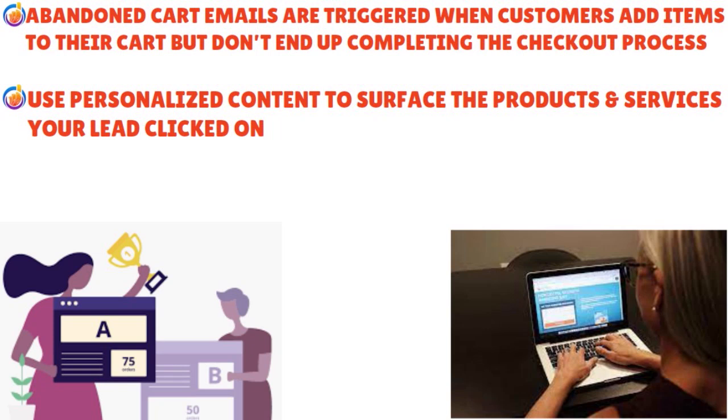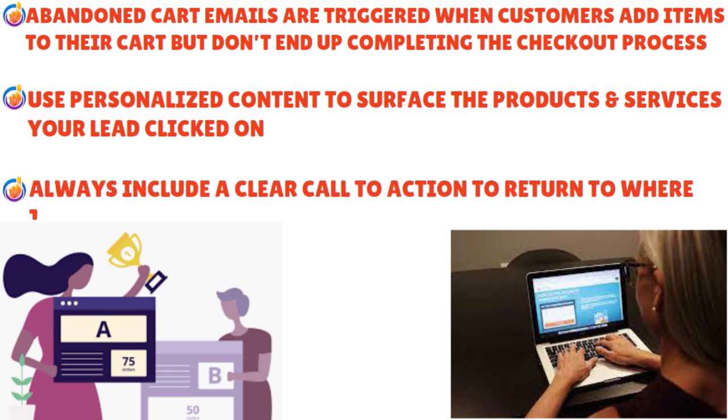Also, you want to offer helpful information to address possible reasons why the lead didn't purchase right away, like product reviews, FAQs, or shipping information. You always want to include a clear call to action to return to where the subscriber left off. So by implementing abandonment email flows, you can recover potentially lost sales and provide a helpful reminder to customers who may have become distracted.